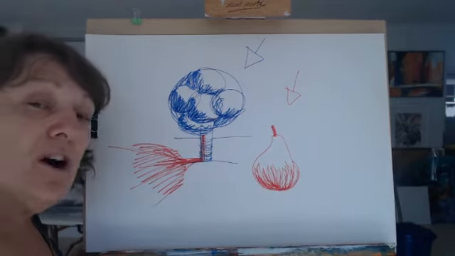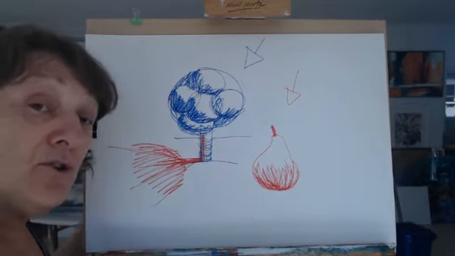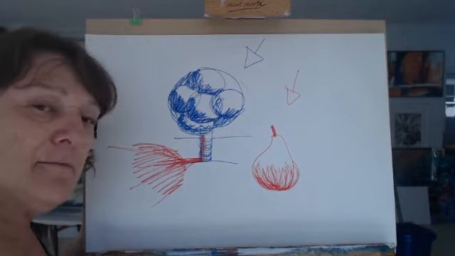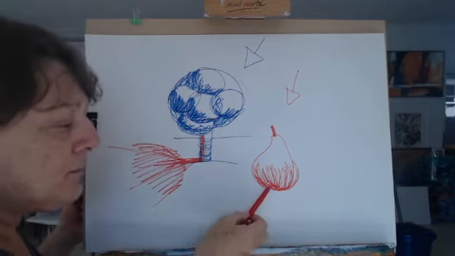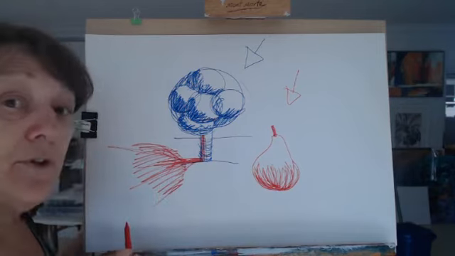So even if you can't see a shadow, having the knowledge that this item has form will help you to put the shadow in.